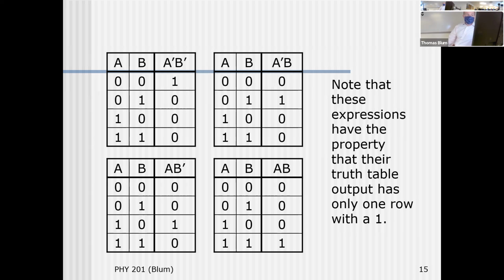Right now I only have 2 inputs, so all my expressions involve both A and B. If A is a 0, I do prime it because I'm trying to make ones. If I put all ones into an AND gate, that's when I get a 1 out of the AND gate. So if the row has a 0, I want to turn it into a 1 by inverting it, by giving it a prime.